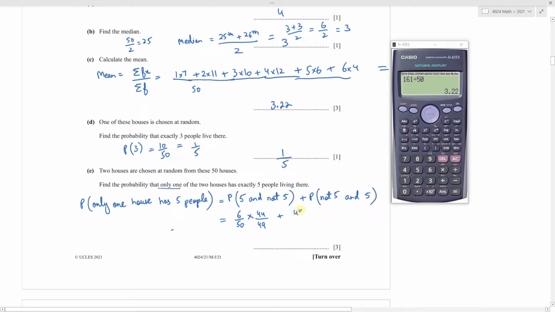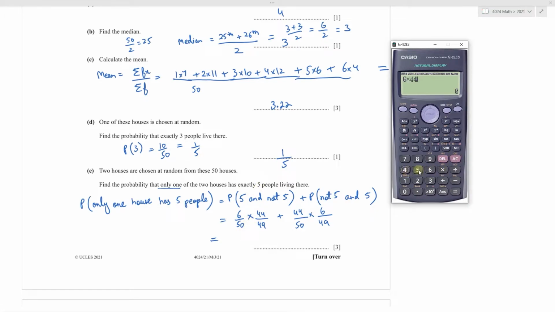So 44 houses which do not have exactly 5 people out of the 50, multiplied by how many houses with 5 people? 6 houses. And now the remaining ones are 49. So either you choose this combination or this combination, both will give you exactly one house which has 5 people living in it. So let's calculate this.